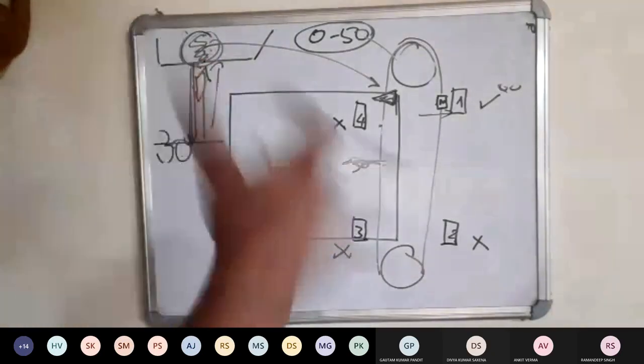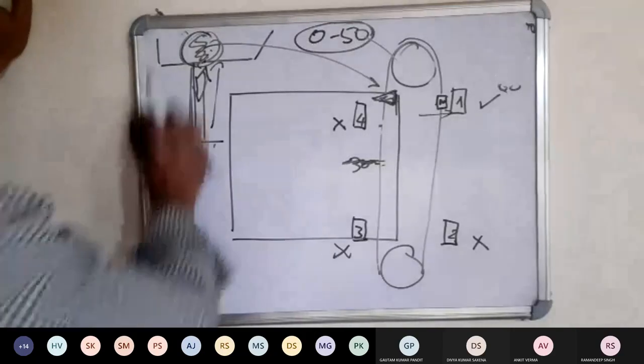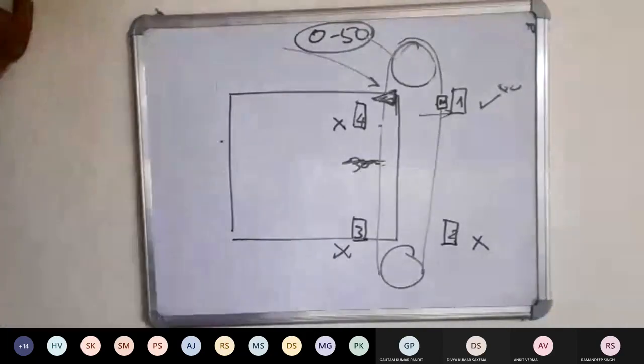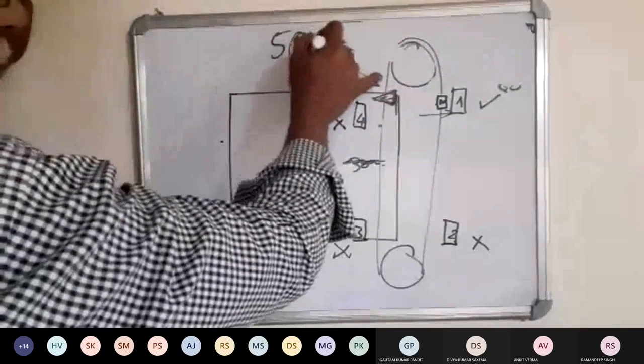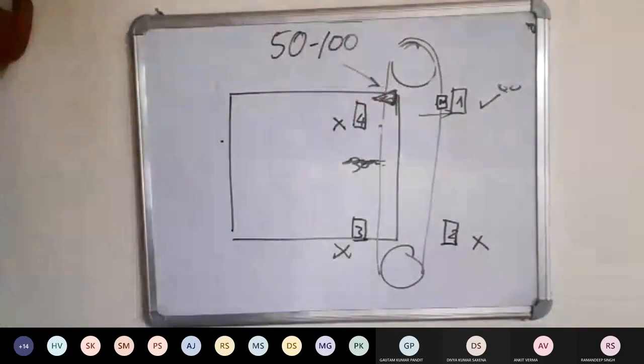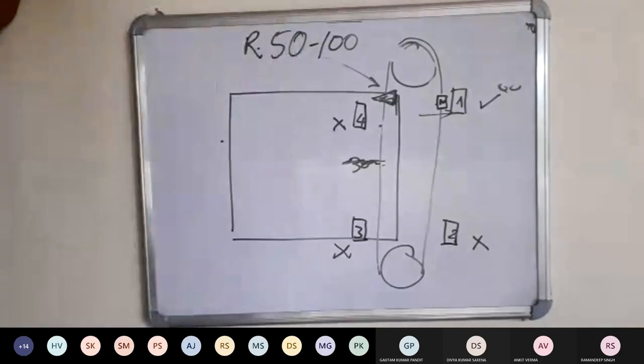So the first range is exactly the same as it was in ranging. But when the range is changed over from 50 to 100, this is the range now.